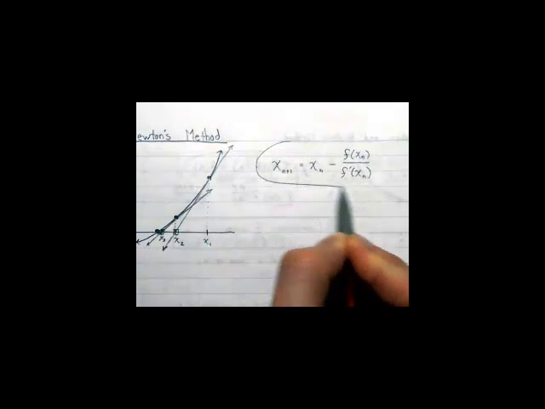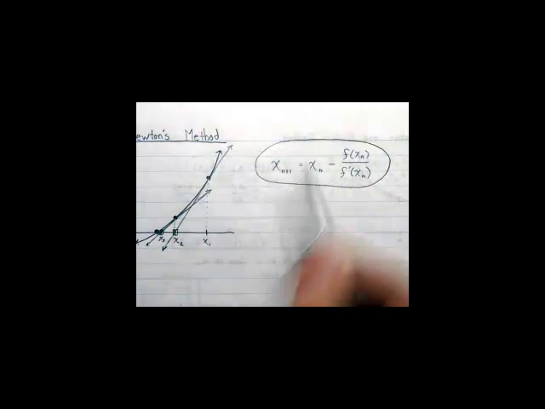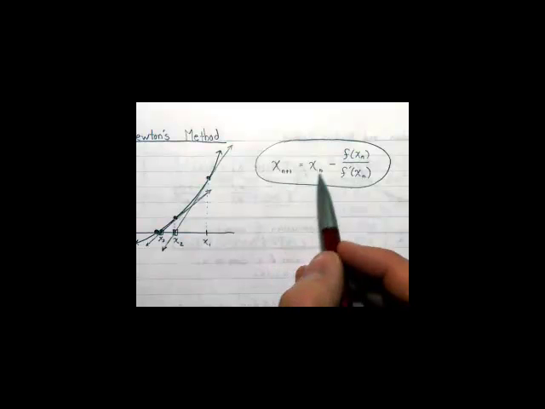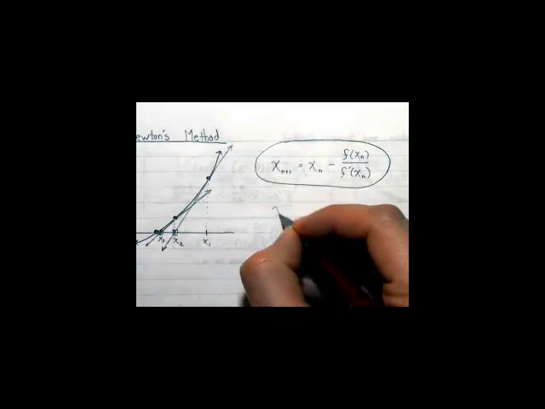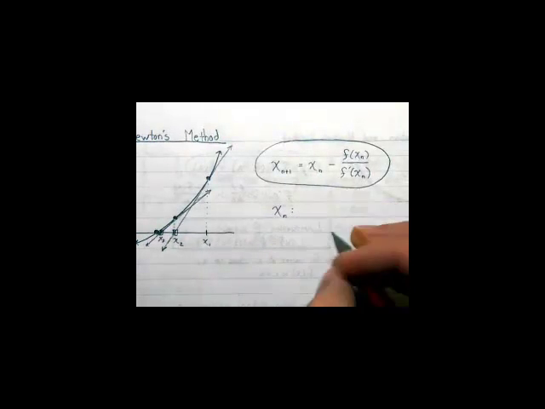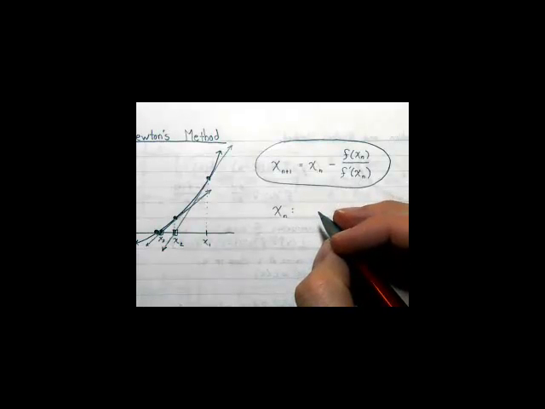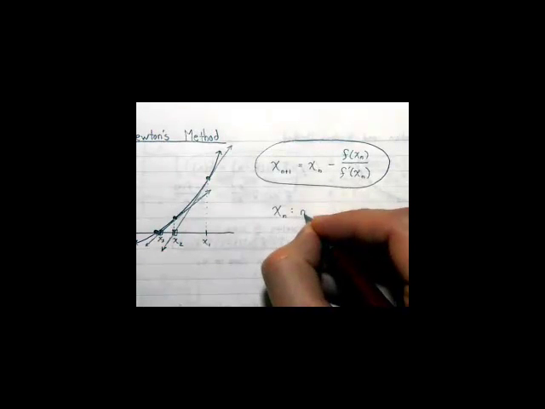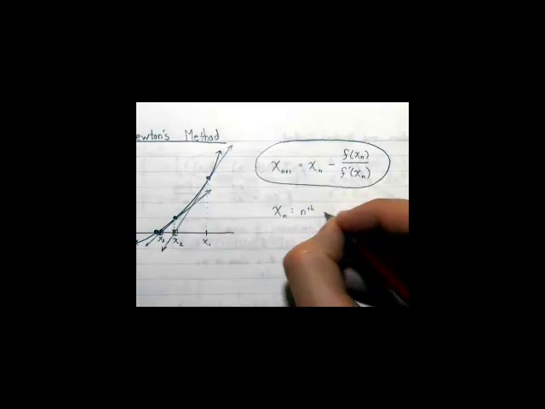So we're going to use this. Basically, this x sub n is the nth estimation.